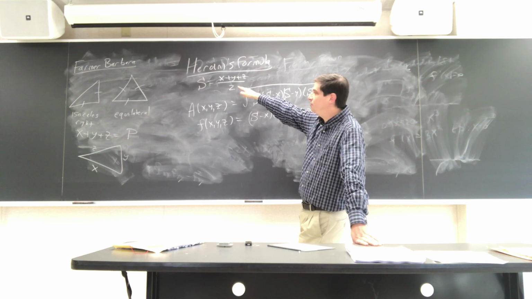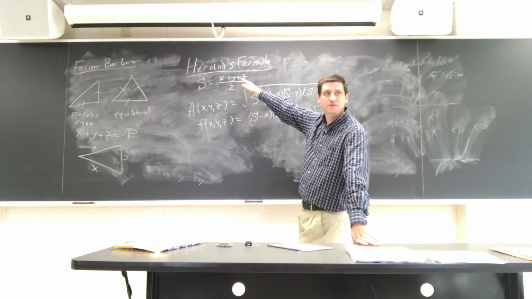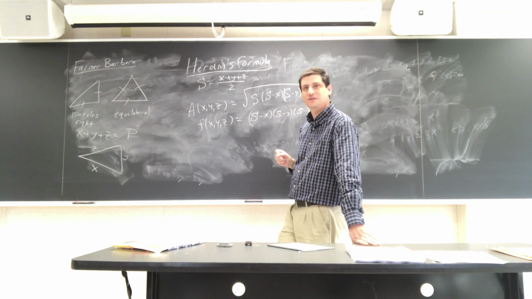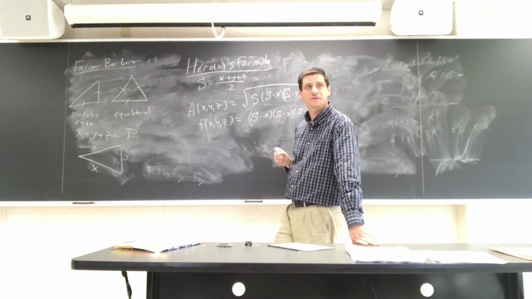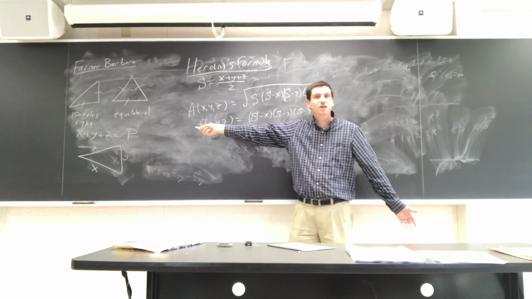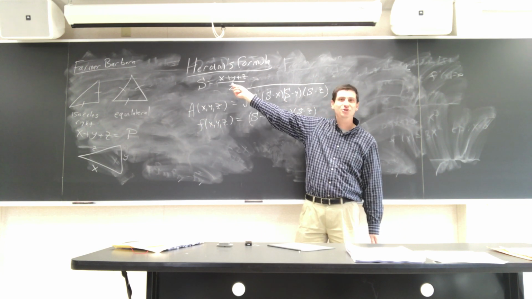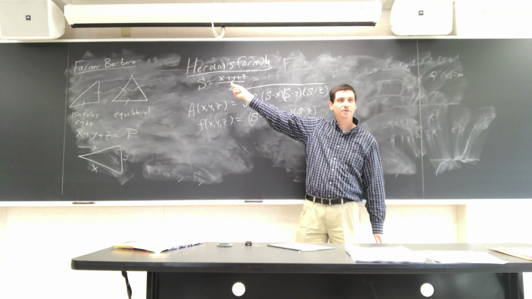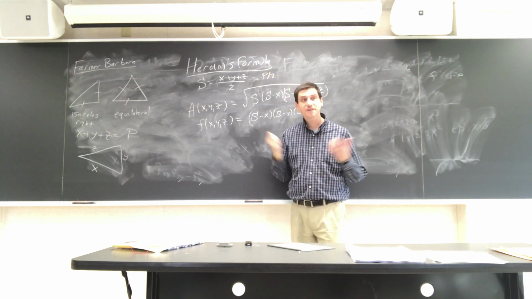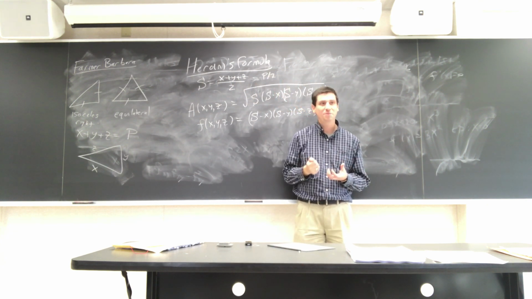Is x plus y plus z over 2 changing? What does the semi-perimeter always equal? If I tell you x plus y plus z is the perimeter P, what is x plus y plus z over 2 going to be? P over 2. It's just going to be P halves. If I fix the perimeter, I've also fixed the semi-perimeter. The semi-perimeter is not changing.